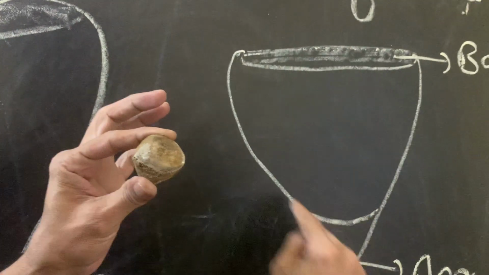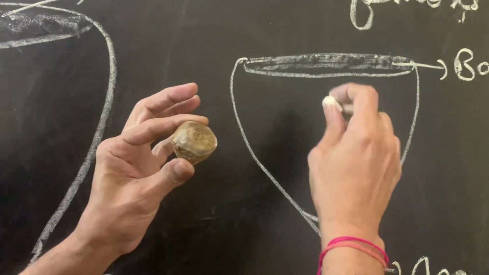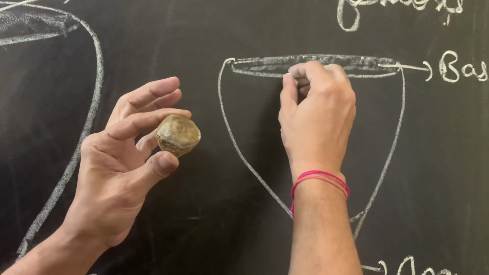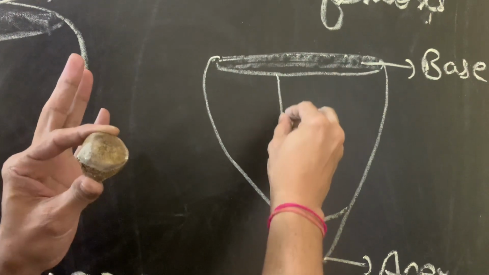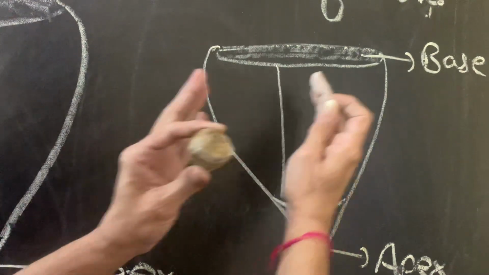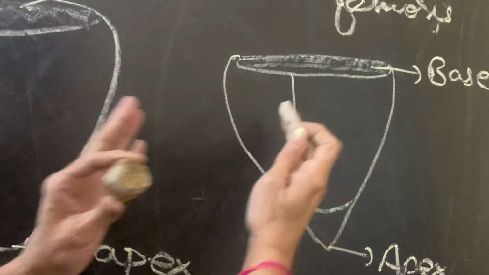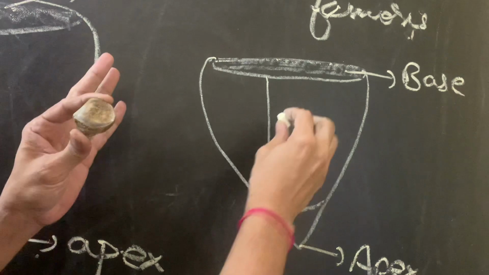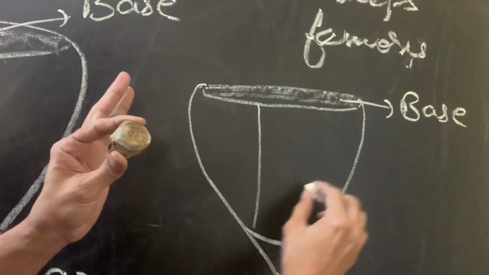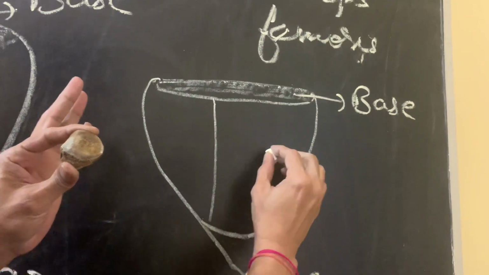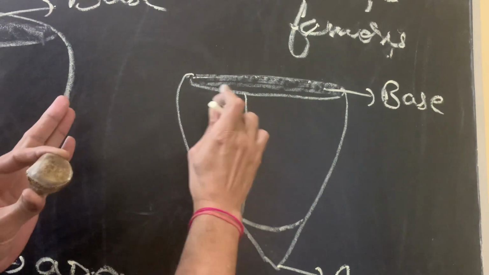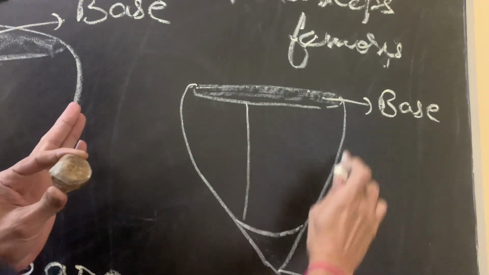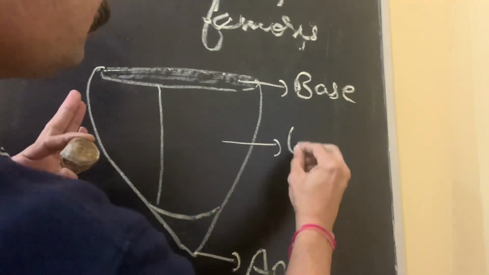This is the posterior surface, which consists of two facets. These facets are formed by a faint ridge which is somewhat medial to the center. Thus, we have a larger lateral facet and a smaller medial facet. This is a medial facet and this one is a larger lateral facet.